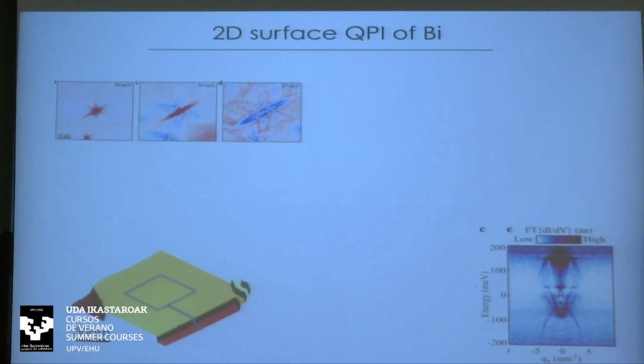Now, the reason bismuth was considered and seen as a material that hosts a correlated surface ground state is because of several ingredients that happen in this material. One of them, it's a very low carrier density semi-metal, so interactions are not heavily screened.